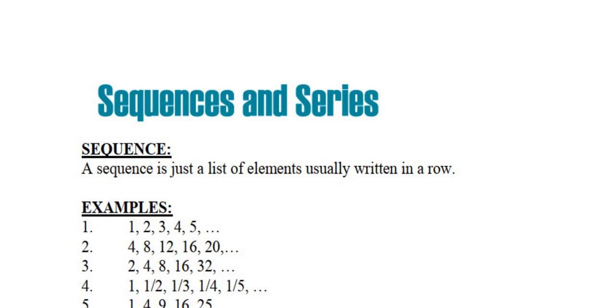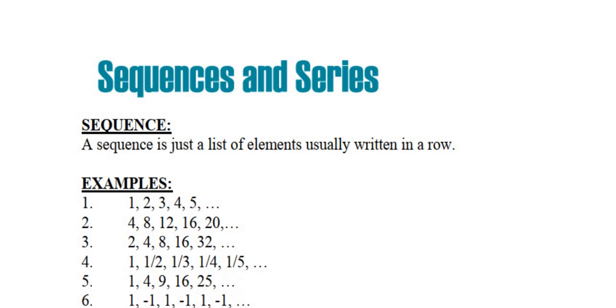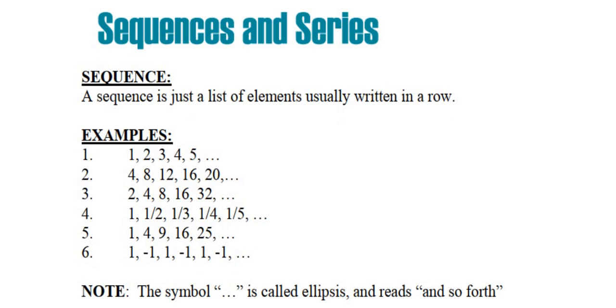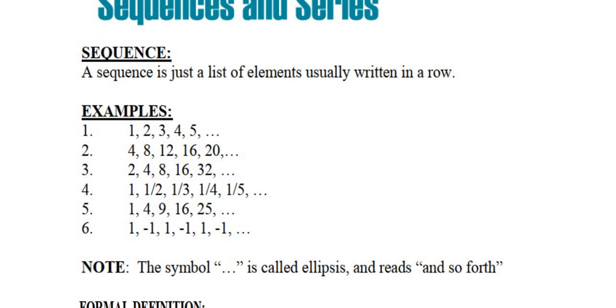The topic which we are going to discuss is sequences and series, in which first of all we will define the sequence. In our normal language or real life, a sequence is just a list of elements, usually written in a row form, like 1, 2, 3, 4, 5 with comma sign.